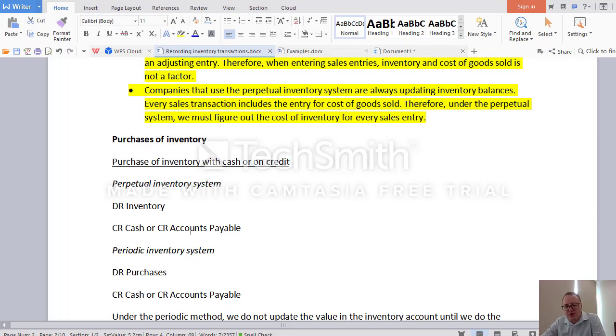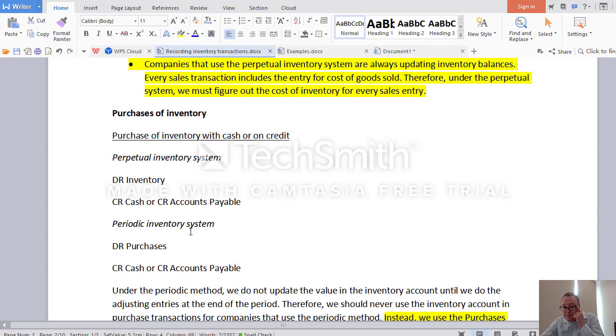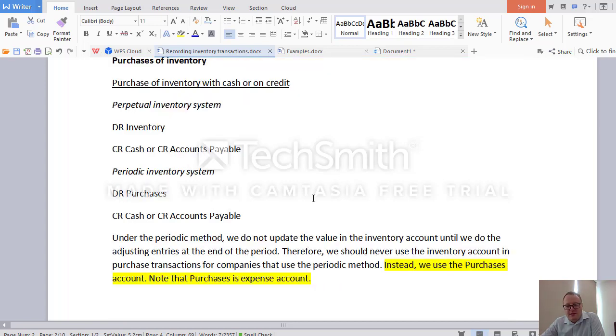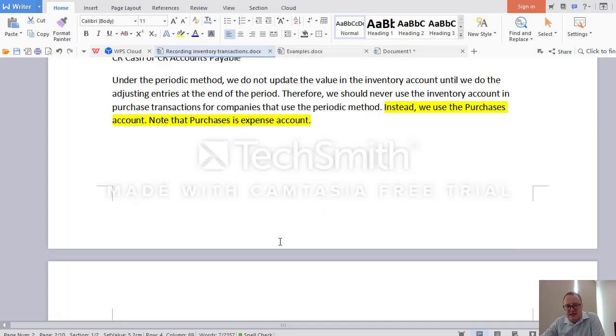With a periodic inventory system, you do not have such an account as inventory, and instead of debit inventory, you will have debit purchases, the expense account. The rest is the same: credit cash, you spend money, or liability, credit accounts payable. So that's regarding purchases being an expense account.